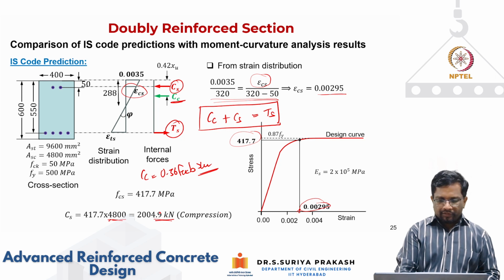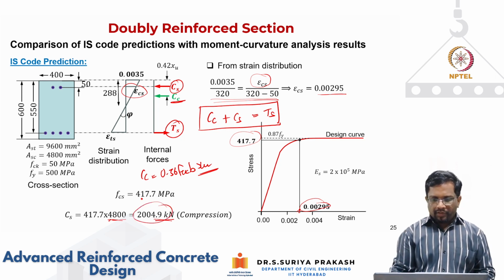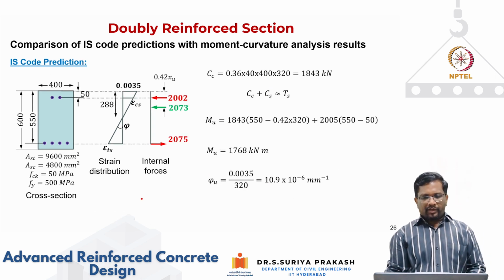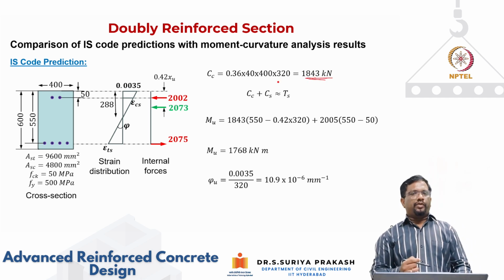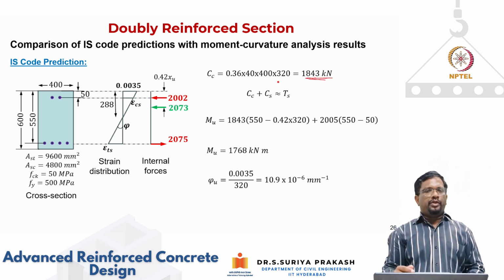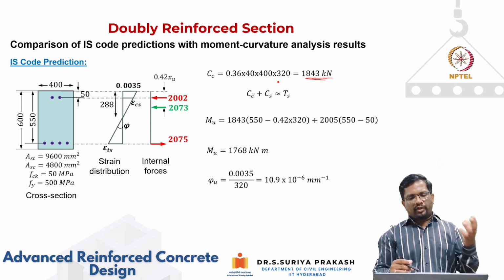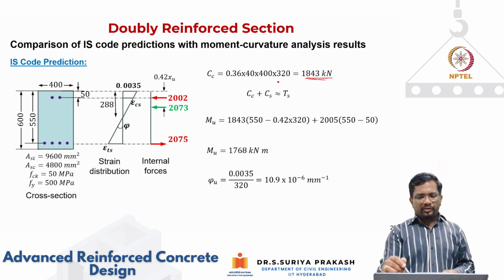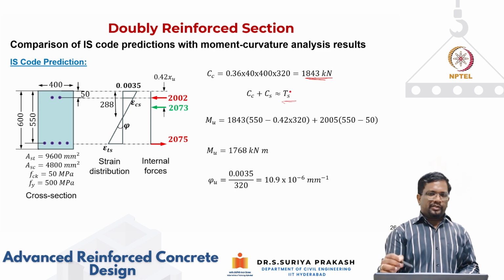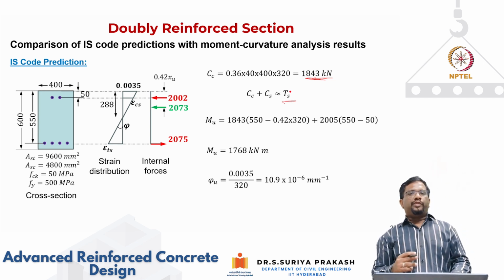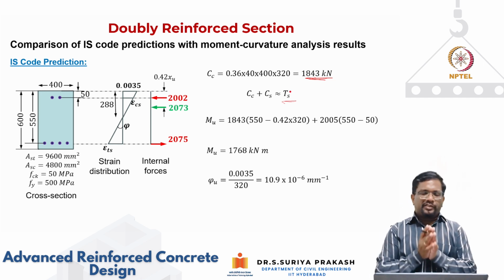So we have got Cs, Ts we calculated previously, and Cc works out to be 1843 kilonewton. When you add them up, the compression contribution of concrete plus compression steel is nearly equal to Ts. So the assumed value of 320 satisfies the equilibrium condition.